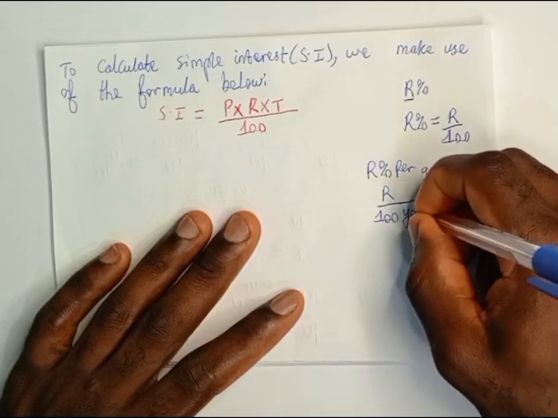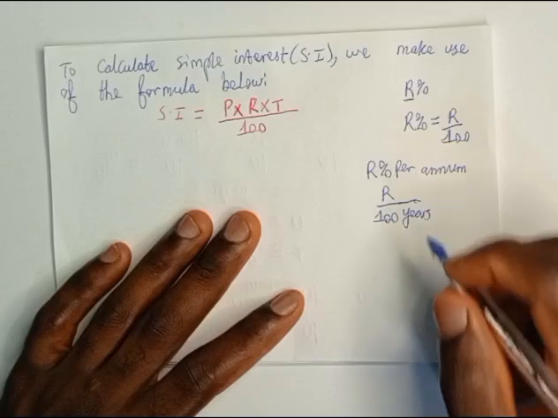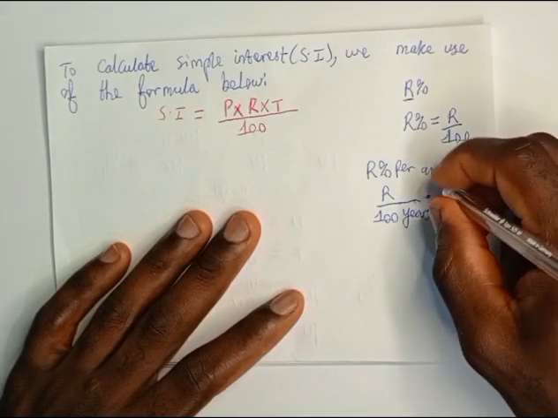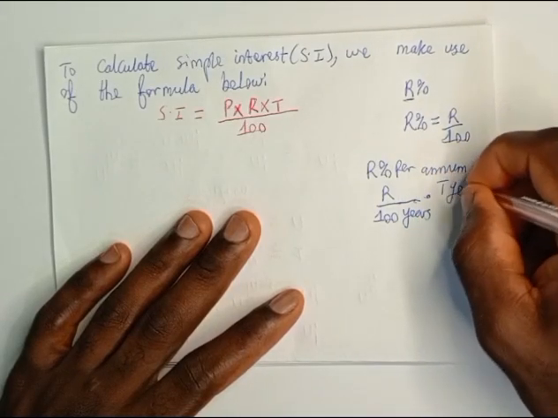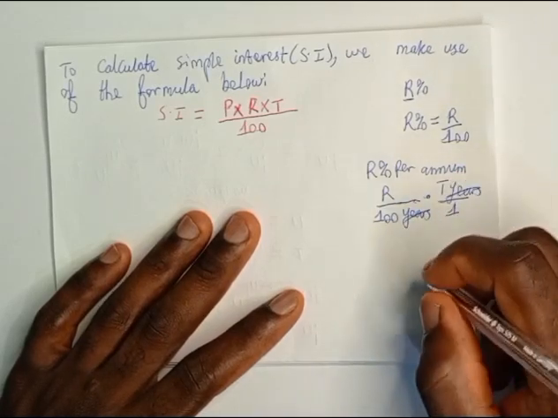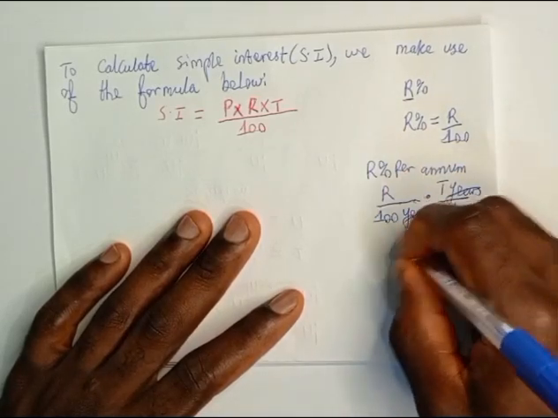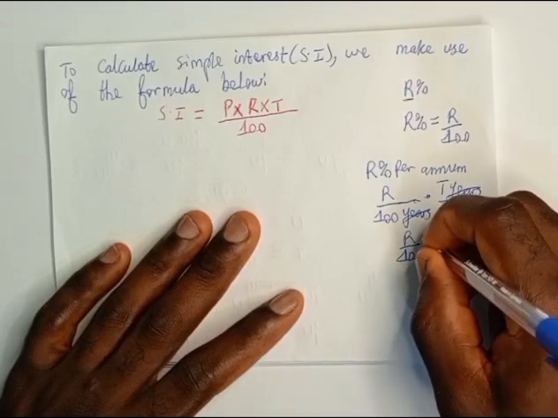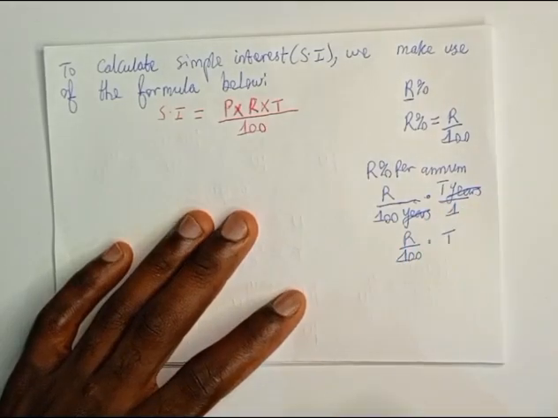Then there will be years down here. Then the time is always stated in years. Time in years over 1. You see years will strike off years. You will simply be left with R over 100 times T.